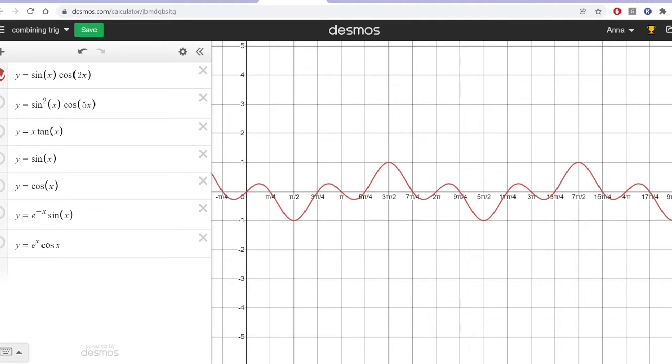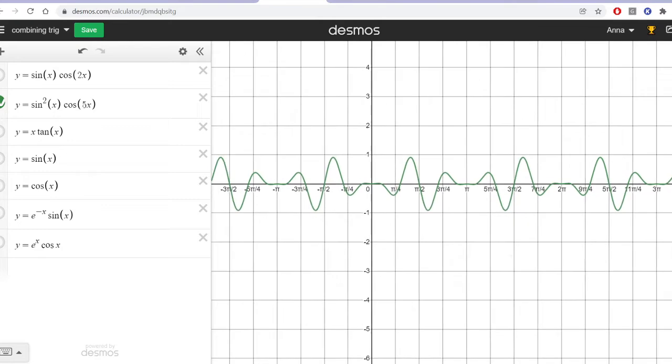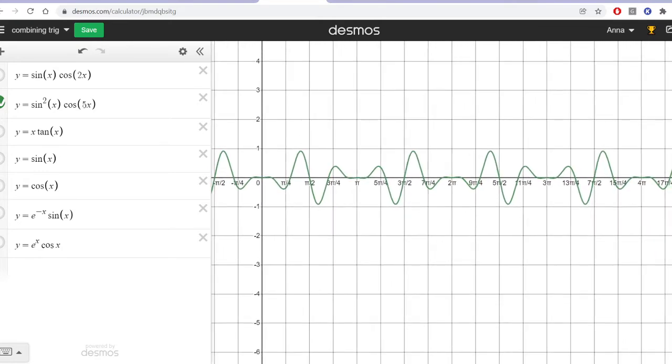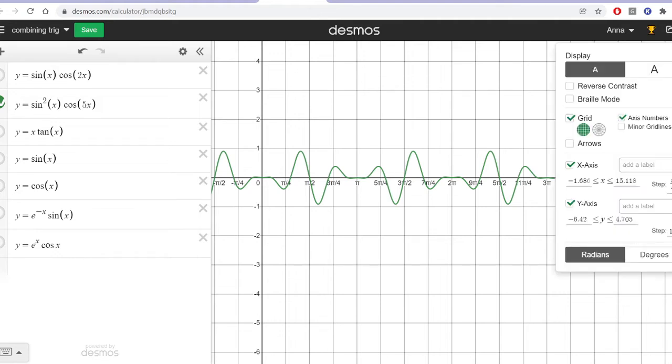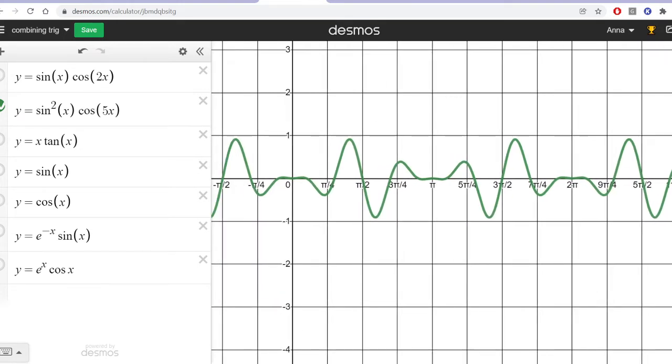Another example would be sine squared of x times cosine of 5x. Again, we see these rising and falling, but it's not doing it with exactly the same pattern that a typical sine and cosine graph would. Maybe let me make this a little bolder. And I would encourage you, by the way, to go into Desmos and play around with this.